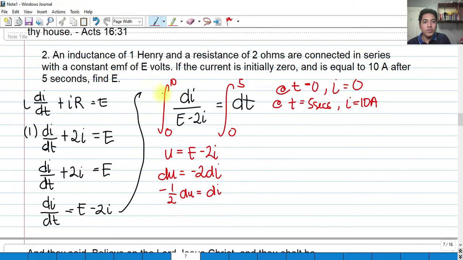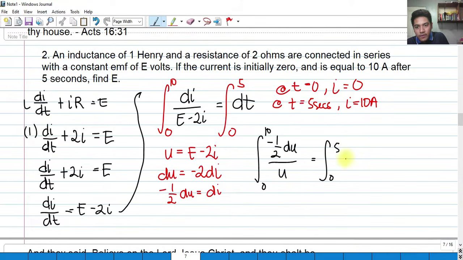If I substitute this, we have negative 1/2 du over u evaluated from 0 to 10, is equivalent to the integral from 0 to 5 of dt.